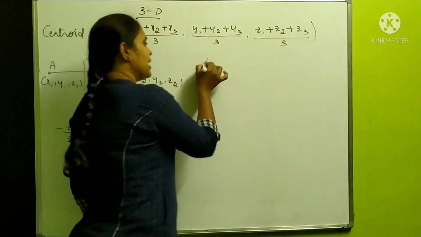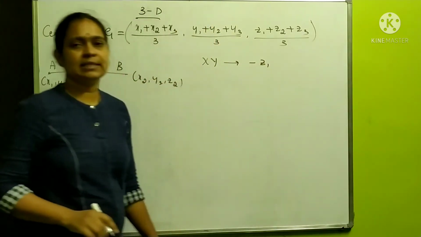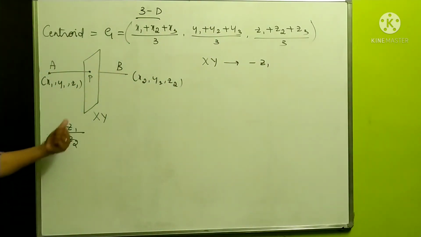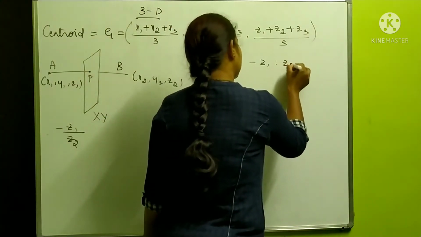If the xy plane divides AB, the ratio is minus z1 is to z2.